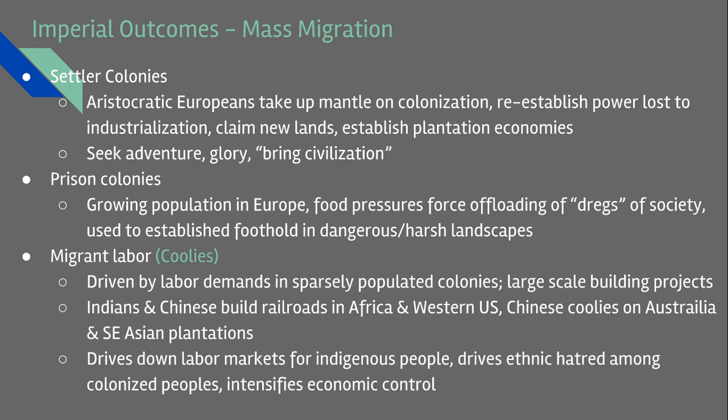And in order to reestablish themselves socially and economically in the home country, a lot of them take up the mantle of colonization, claiming new lands, building railroads and building projects around the world, establishing plantations in India and the Indian Ocean and Africa.